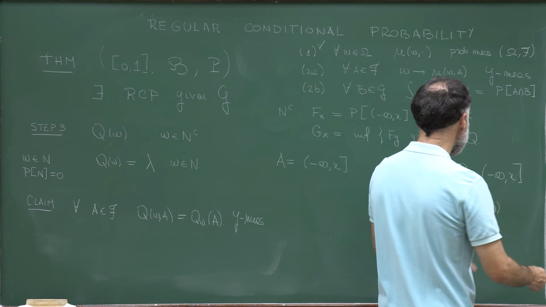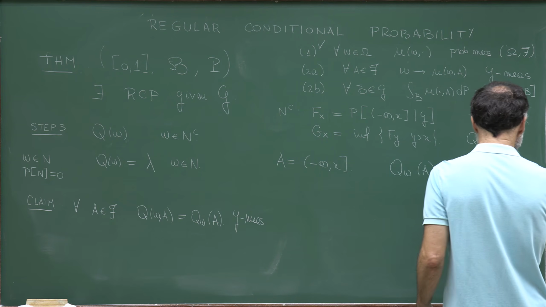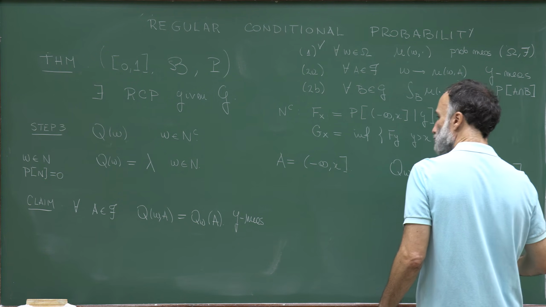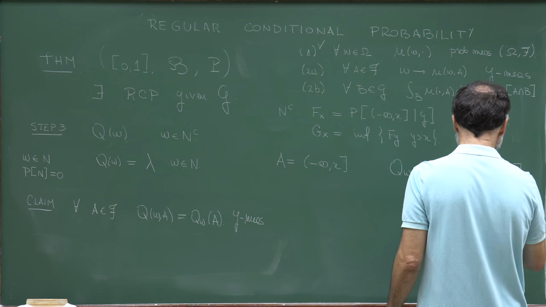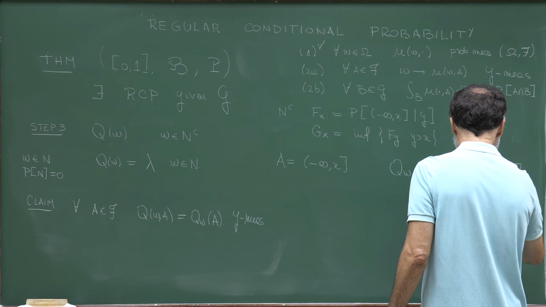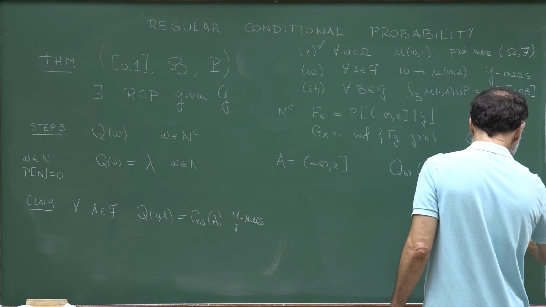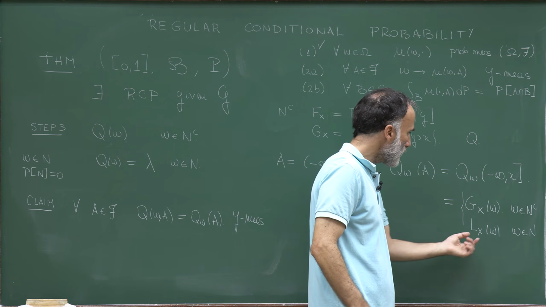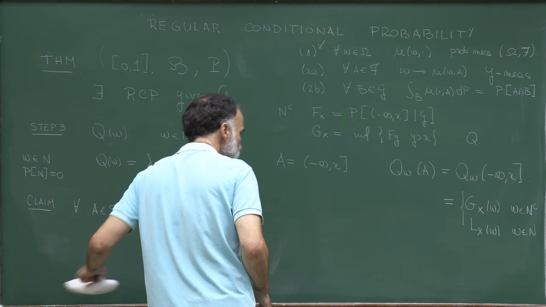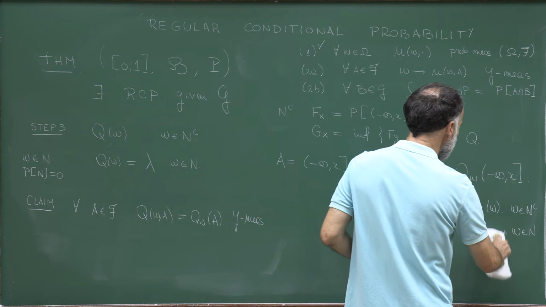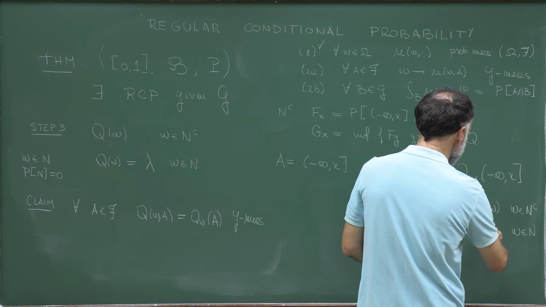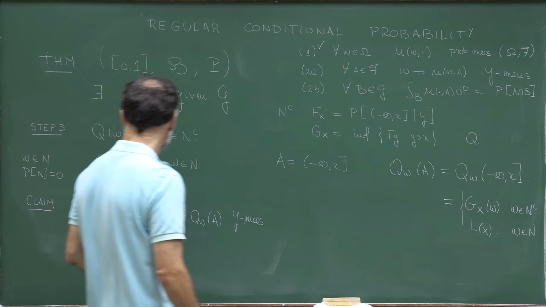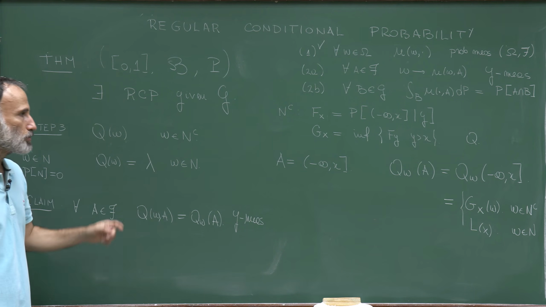So this is equal to Gx if omega belongs to n complement, and it's equal to, let me call maybe Lebesgue, so Lx of omega. So let me call by Lx the distribution function of the Lebesgue measure. So L of x. So L is the distribution function associated to the Lebesgue measure.